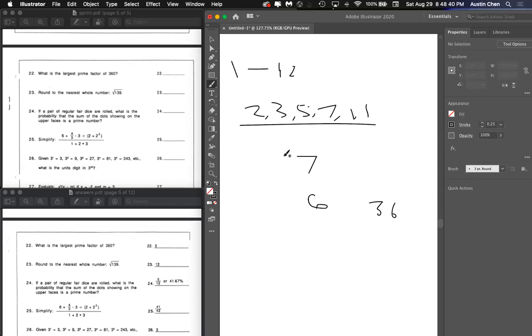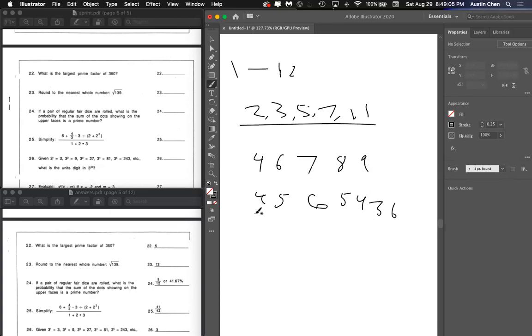As you move away from 7, you have 1 less possibility each time. So 6 and 8 have 5 possibilities, and 4 and 9 have 4 possibilities. This is pretty easy to remember.